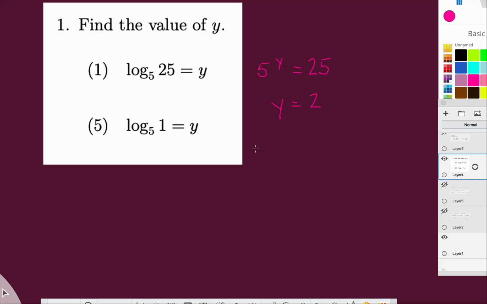Same thing holds true here. 5 to what power equals 1? Well, anything to the 0 power equals 1. I put that in there on purpose. I'm definitely going to give you something that looks like this second one on your test.